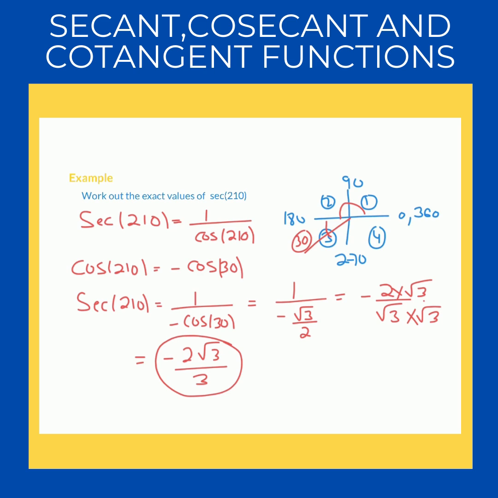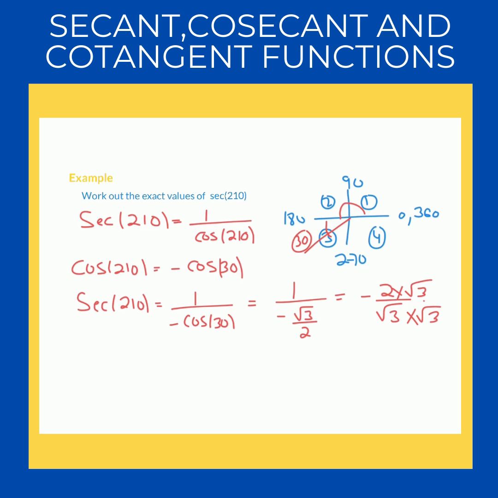So secant of 210 degrees is equal to 1 over negative cosine 30, because cosine 210 is equal to negative cosine 30. And negative cosine 30 is equal to negative square root of 3 over 2.